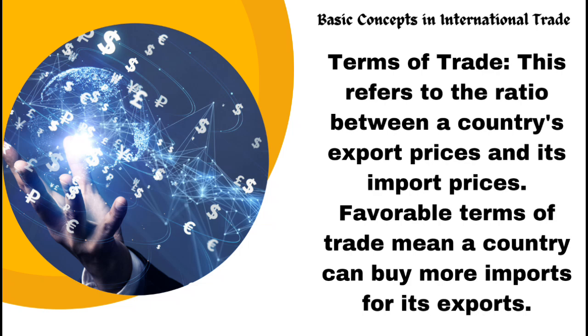It can be given as the index of export price over the index of import price times 100. A country has favorable terms of trade if the prices of its exports are higher than the prices of its imports, and unfavorable if the index of imports is greater than that of exports.